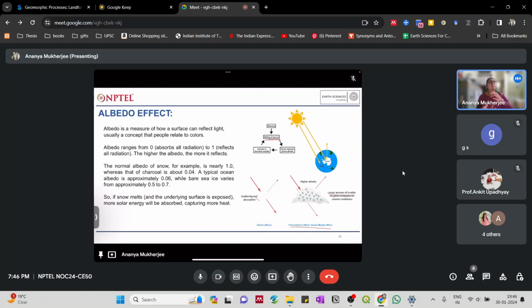And as I said before, the inner core is actually solidifying. Because of that there is a temperature change. There is also a release of energy because of that cooling of the earth's inner core. So all of these together help in forming these mantle convections inside.